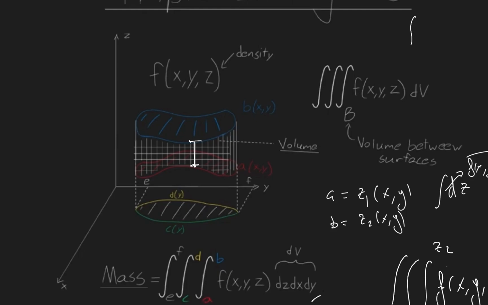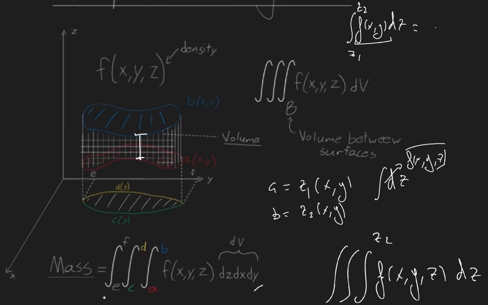So the integral of f of x comma y dz from theta 1 to theta 2, if this function doesn't depend on z, will be f of x comma y, because it's a constant, times theta 2 minus theta 1. And theta 2 minus theta 1 is this length that is here. It's this length multiplied by f of x comma y, which doesn't depend on z.